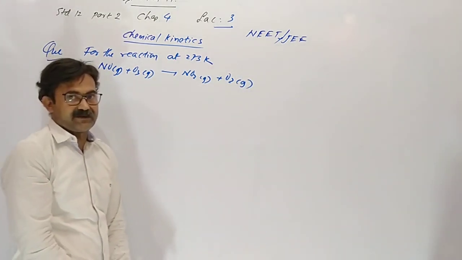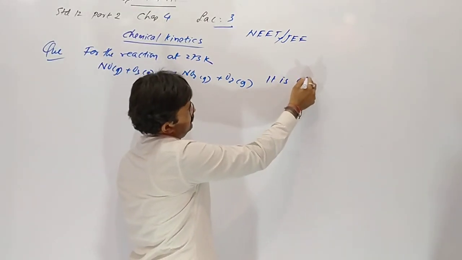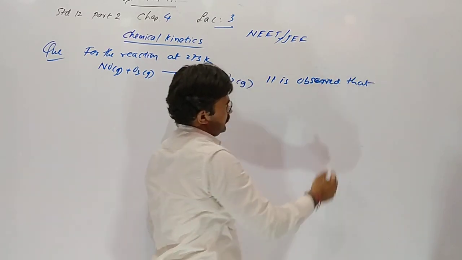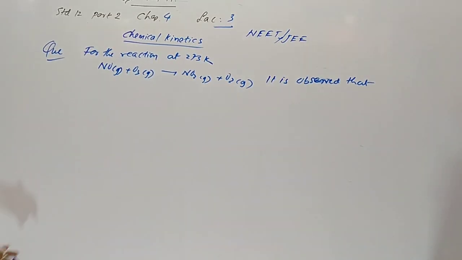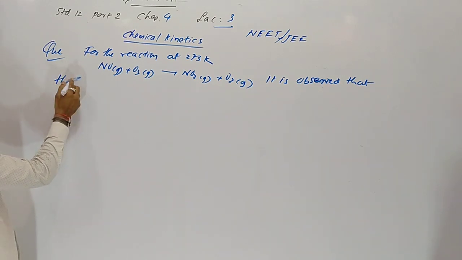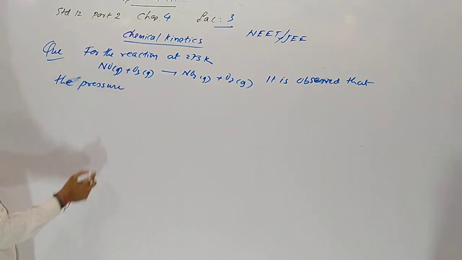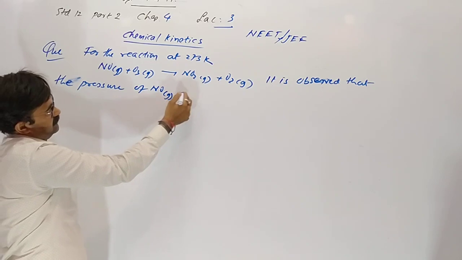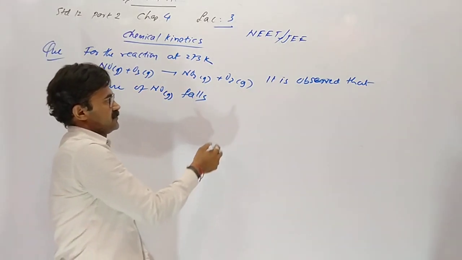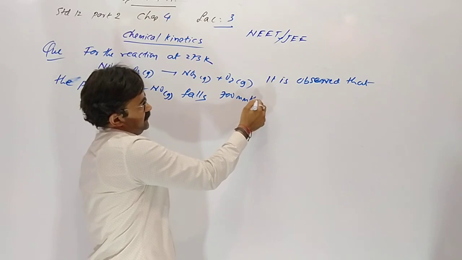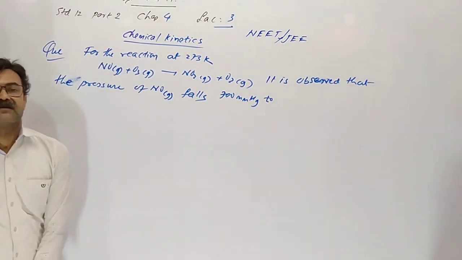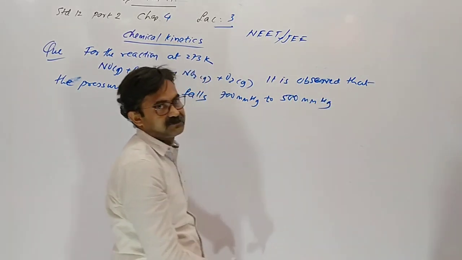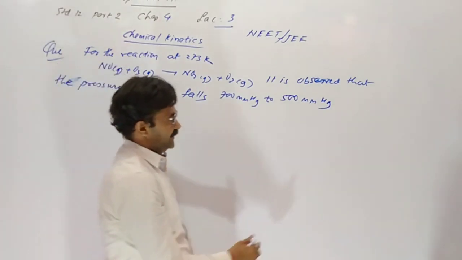It is observed that the pressure of NO falls, decreases from 700 millimeter mercury to 500 millimeter mercury in 50 seconds.